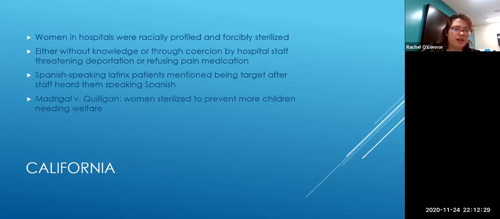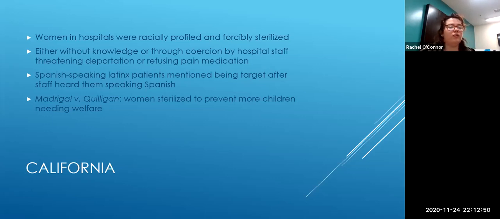So our next thing that we're going to look at is California, where this is more current. Latinx women in hospitals were racially profiled and forcibly sterilized.